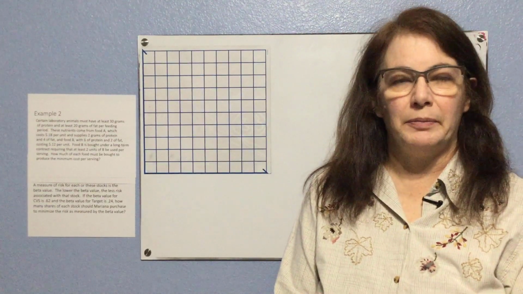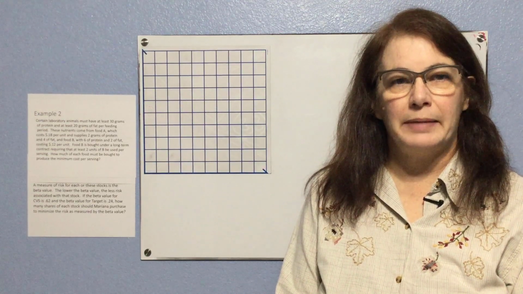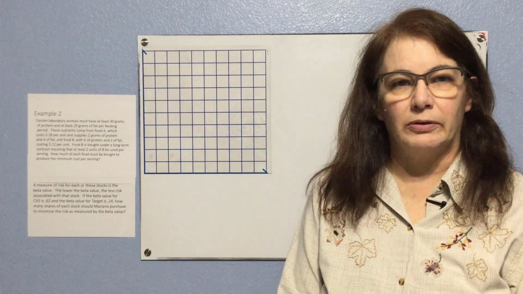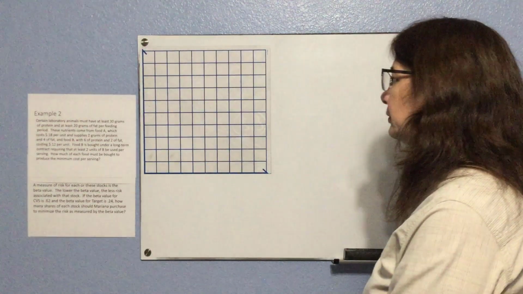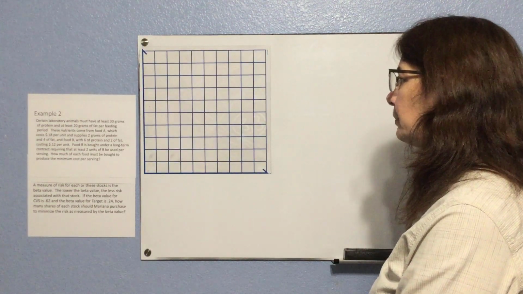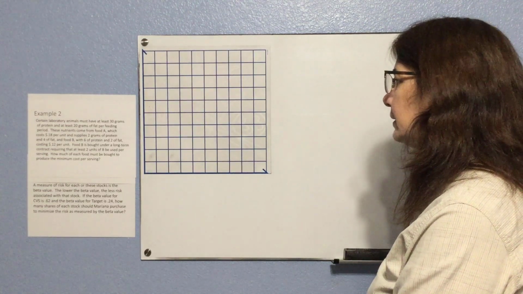In the next problem, we'll be looking to create a feed mixture for some lab animals that meet certain criteria. Certain laboratory animals must have at least 30 grams of protein and at least 20 grams of fat per feeding period.